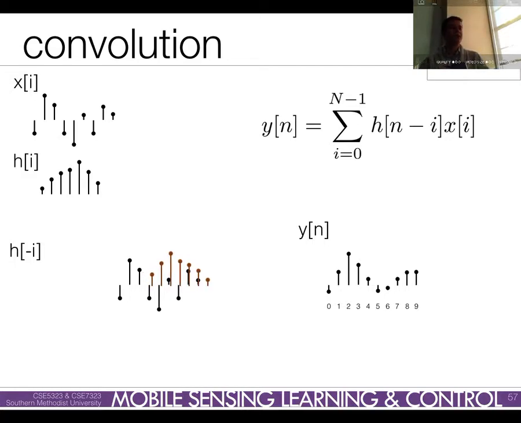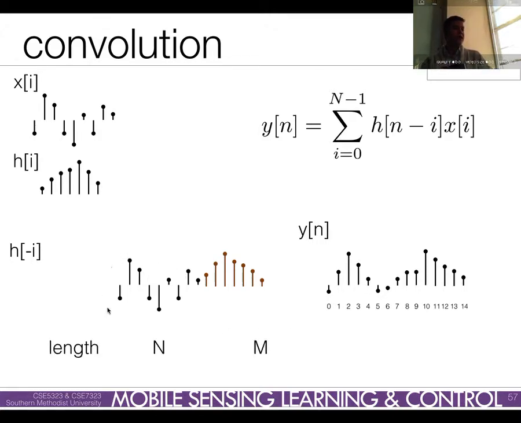I actually keep going until my filter is all the way done. So I've taken my length N signal and my length M filter and generated an output. What's the length of my output? N plus M minus 1.